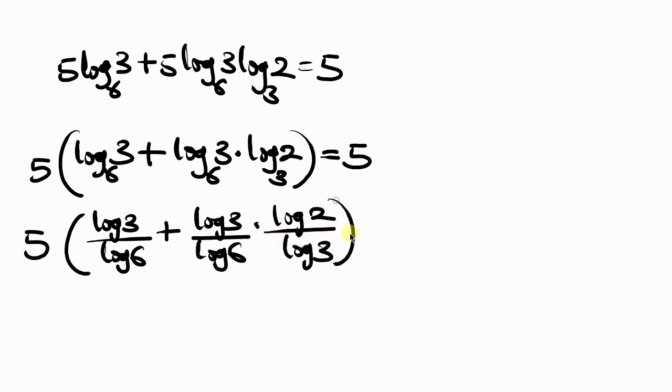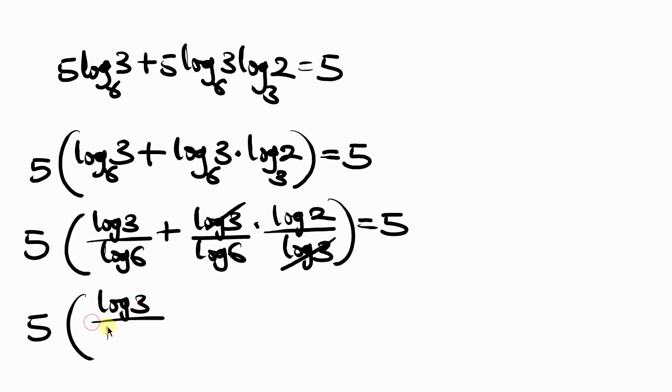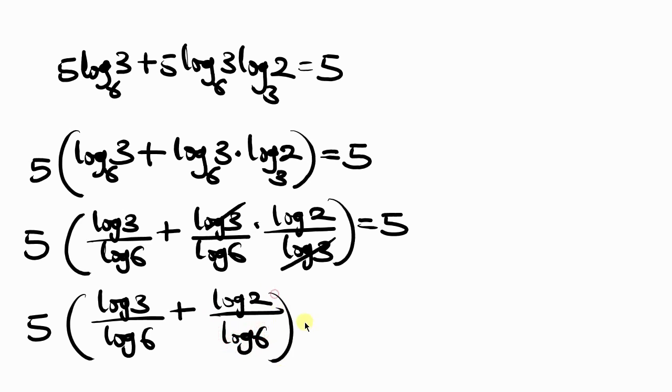Very good. And this is equal to 5. Now notice something, that log 3 can cancel out log 3 from here, so that we have 5 times log 3 all over log 6 plus here we have log 2 all over log 6. Very good. And this is equal to 5.